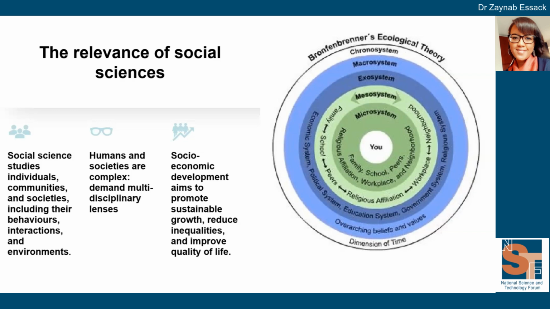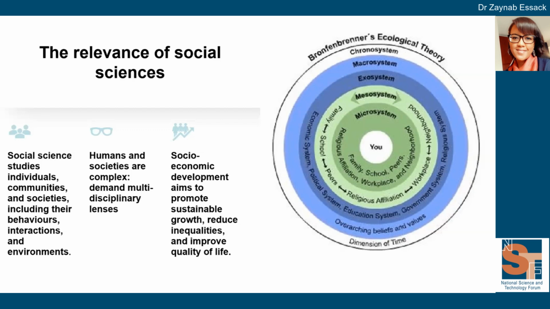And we all operate in this kind of compound, complex system of influence where we influence and the systems influence us. So the social science is the study of individuals within these contexts and also of communities and societies, how people behave, interact, and within these broader complex systems.